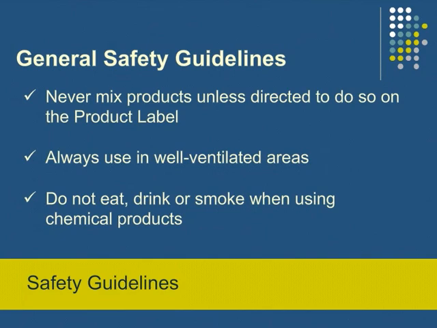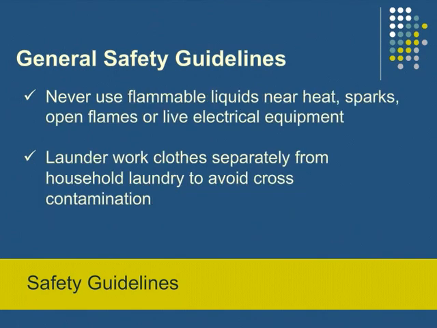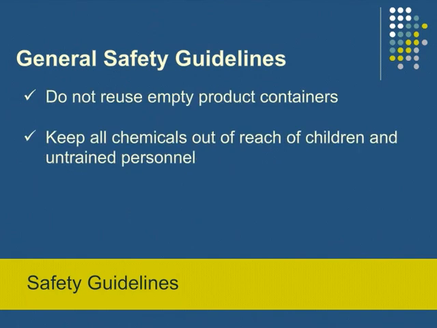Always use in well-ventilated areas. Do not eat, drink, or smoke when using chemical products. Never use flammable liquids near heat, sparks, open flames, or live electrical equipment. Launder work clothes separately from household laundry to avoid cross-contamination. Do not reuse empty product containers. Keep all chemicals out of reach of children and untrained personnel.